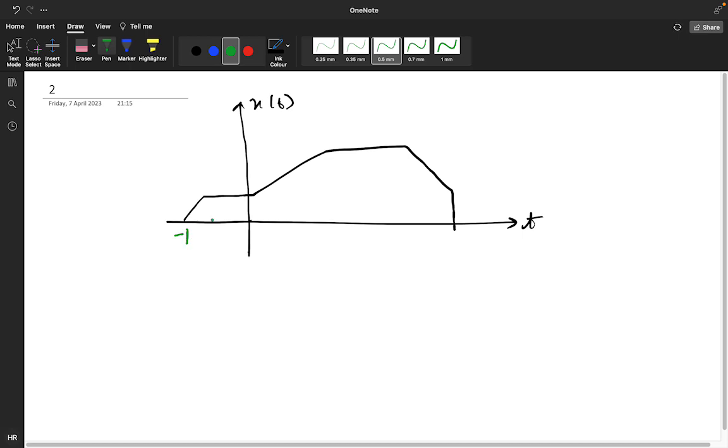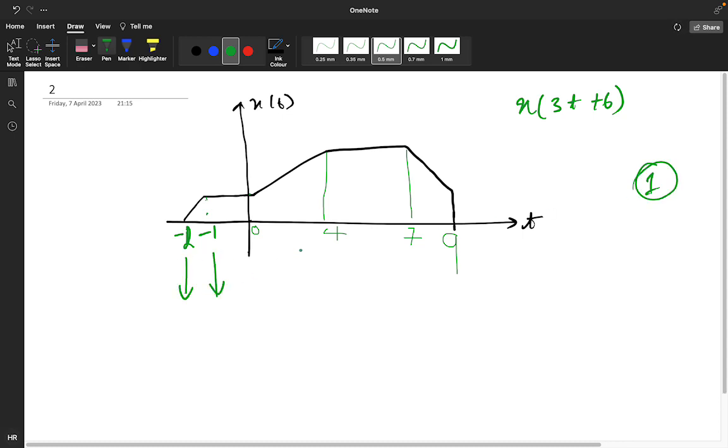This is minus 2, this is minus 1, this is 0, and this particular value is 4, this is 7, and this is 9. You need to find the value of x of 3t plus 6. Within 1 minute I need every point.